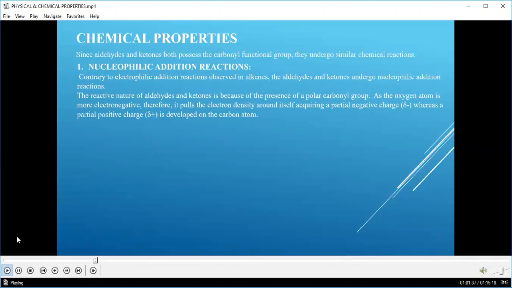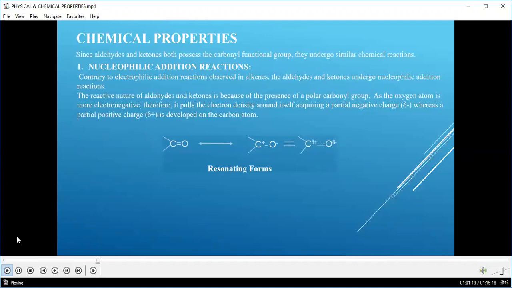We have already seen this in the previous slide. As the oxygen atom is more electronegative, it pulls the electron density around itself, acquiring a partial positive charge on the carbon atom and a partial negative charge on the oxygen atom.